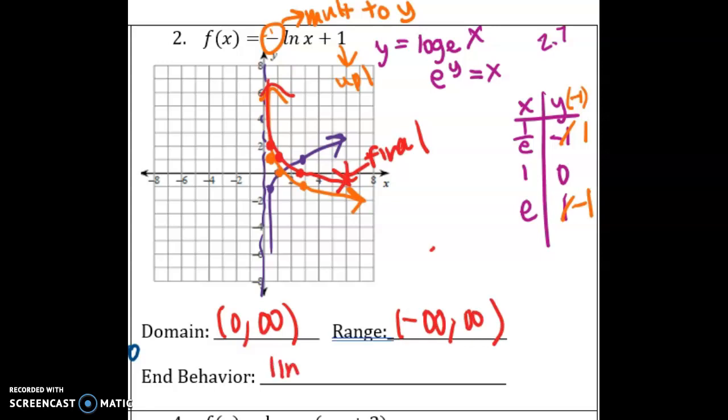Our end behavior, the limit as x approaches infinity of my function is negative infinity. My y's are getting smaller. And then the limit as x approaches 0 from the positive side of f of x is going to be positive infinity. Our y's are getting much bigger.